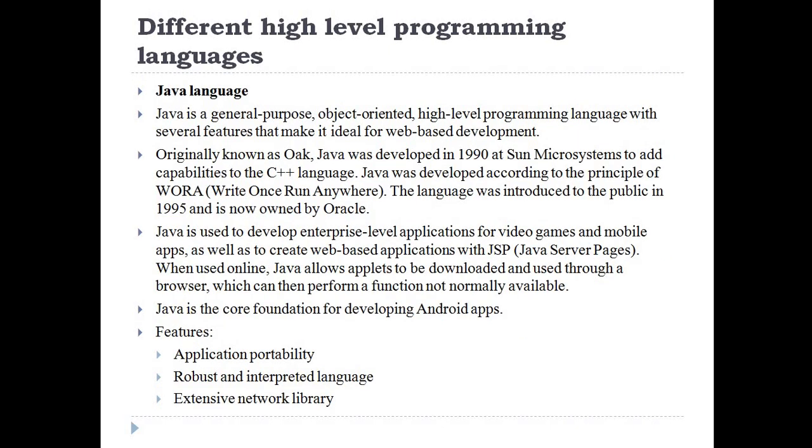Third is the Java language. Java is also a general purpose object oriented language, but has several features that make it ideal for web application development. Means the first web based application development language is Java. Originally the name of Java was Oak.